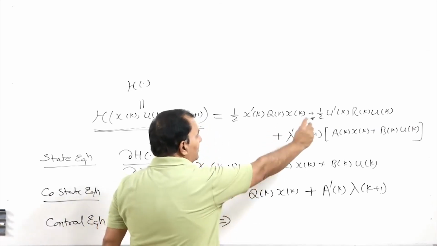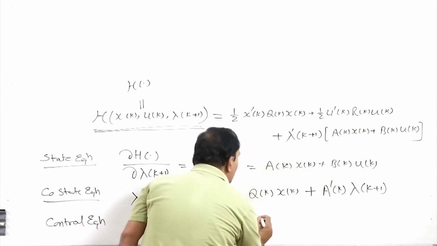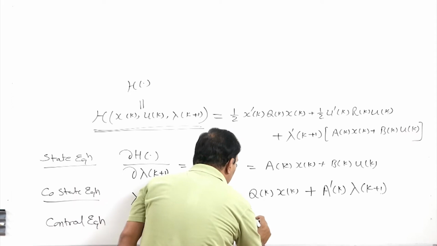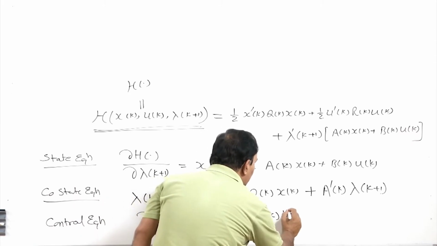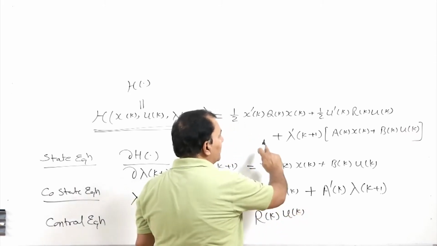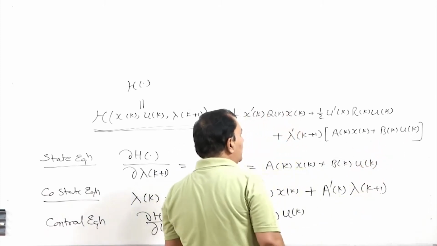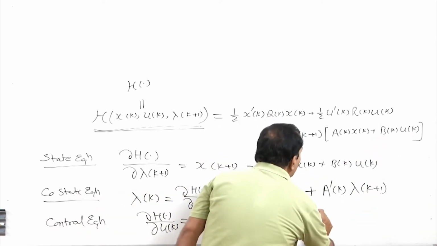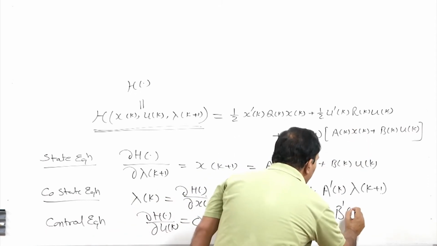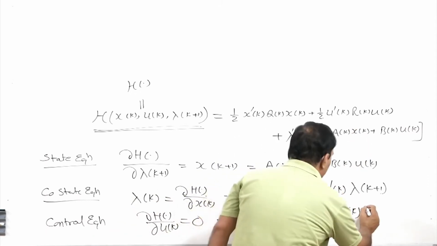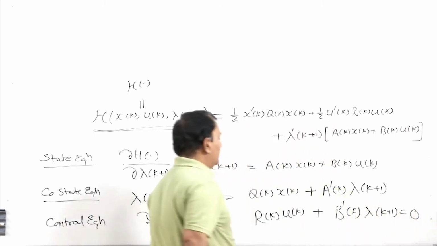If I differentiate this with respect to u, this gives me R k u k, and the second term is a function of u, so this gives me plus B prime k lambda k plus 1 equal to 0.